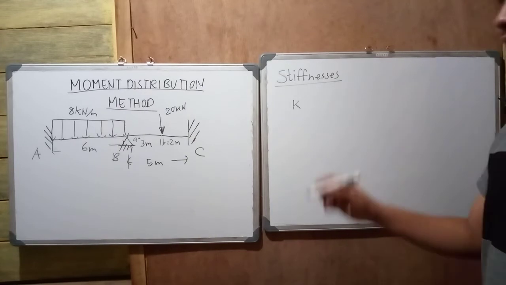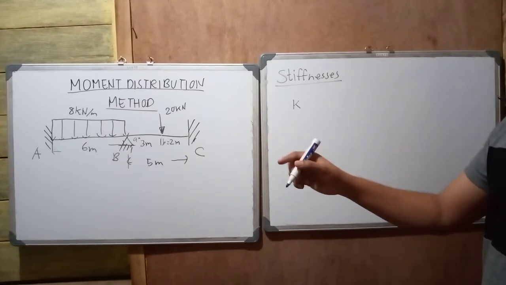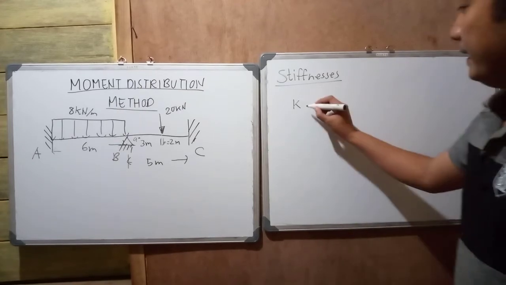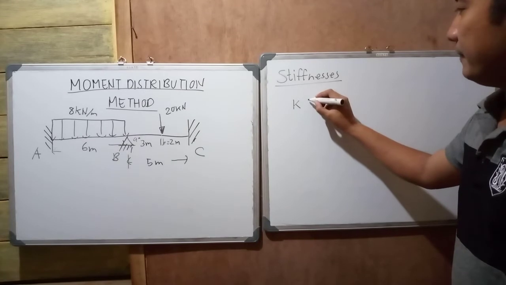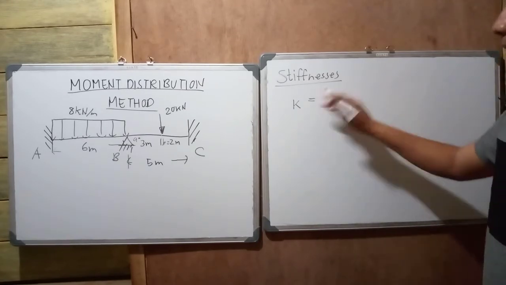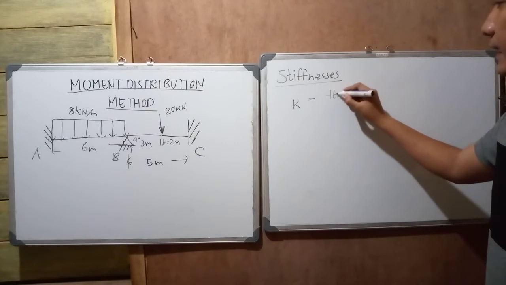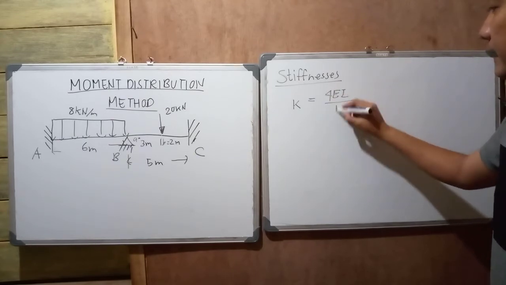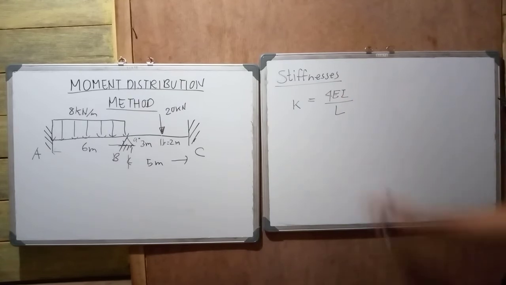Please remember this formula. We have a general formula, which is K equal to 4EI over L. Remember this.